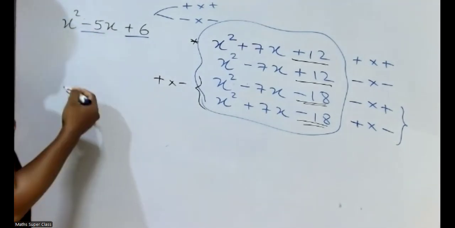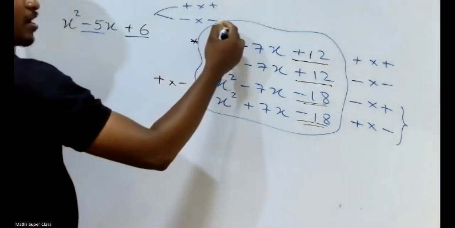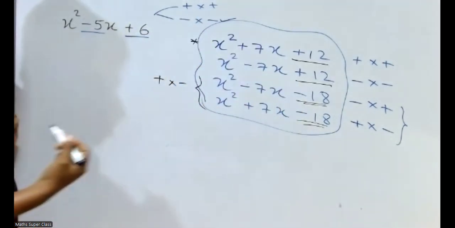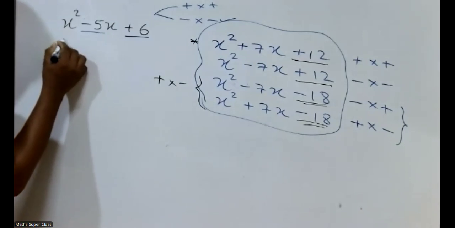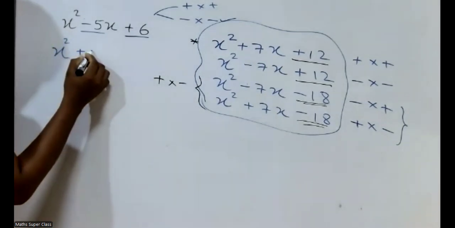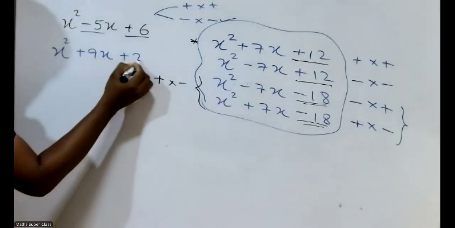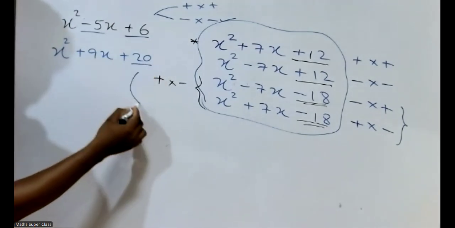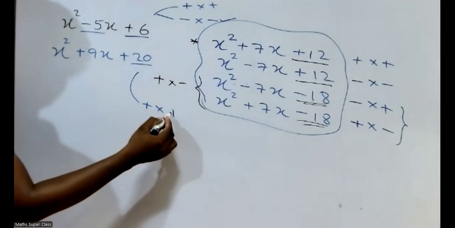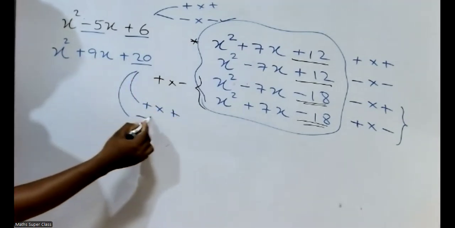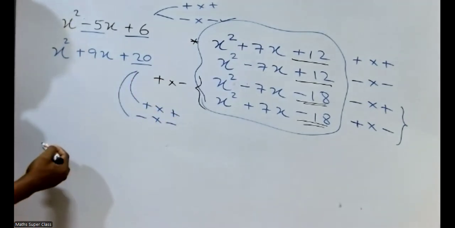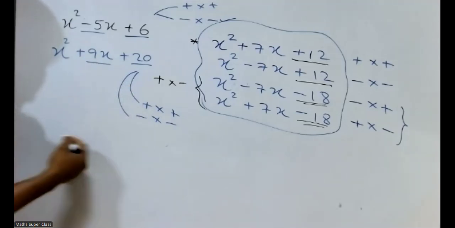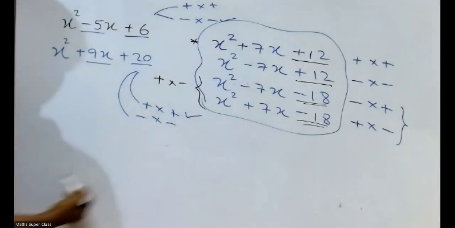If this is minus, that means these two are minus and minus. But if you get x square plus 9x plus 20, this part is plus, that means those two factors are plus.